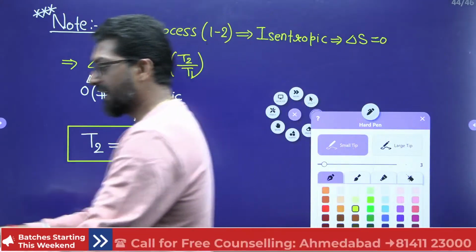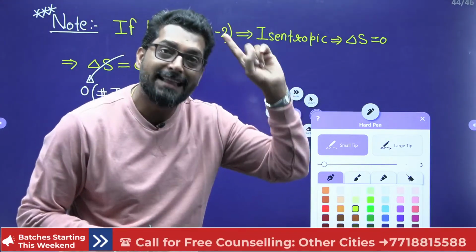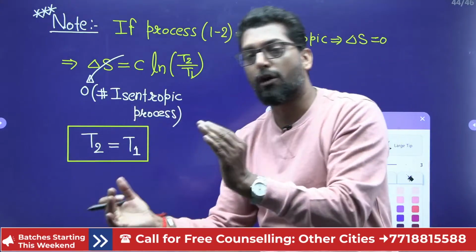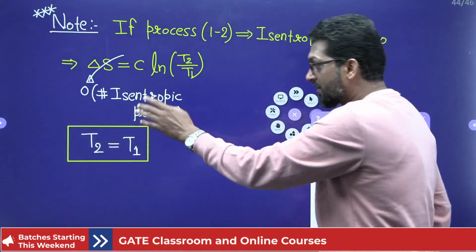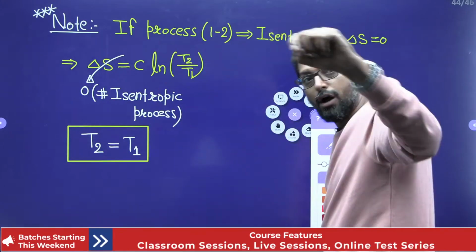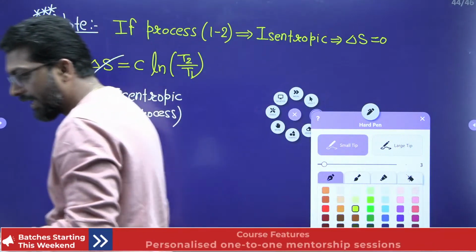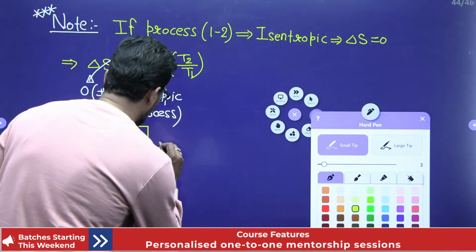That means if there is an incompressible substance and that incompressible substance undergoes an isentropic process, in that case its final temperature doesn't change. That means it is not like isothermal. In the isothermal process, from T1 to T2, each and every point has the same temperature. Hence the incompressible substance temperature remains constant during the isentropic process.